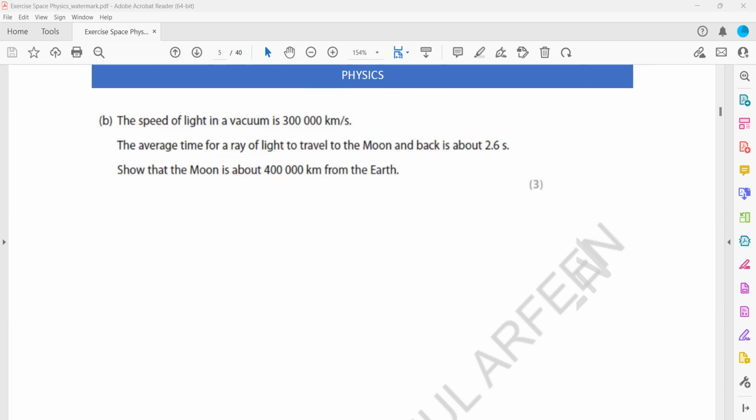So in this case, what happened? For example, say this is the Earth and this one is the moon.